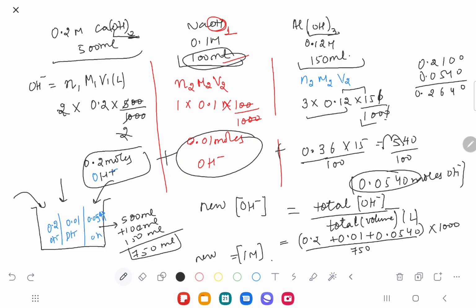So for me, the new concentration here would be... if I multiply with this sum, yeah, sure. So this would be my new concentration. Yes or no, Aditi? So this is going to be my new concentration here.